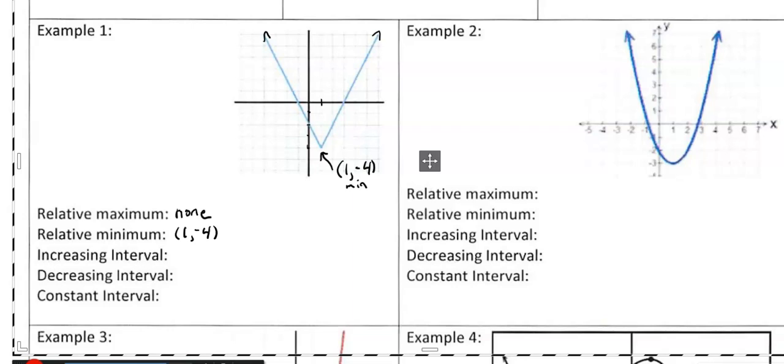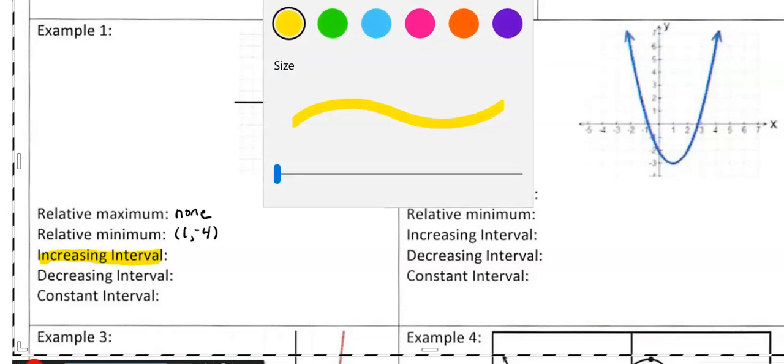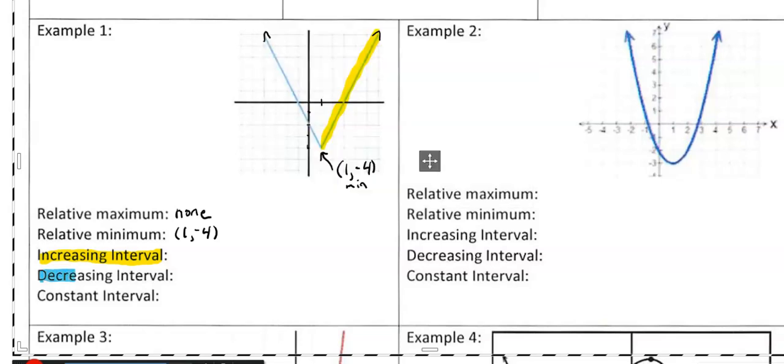Then our increasing interval, I'm going to use my highlighter to show this. As we move from left to right, the part that goes up would be this part right here in the graph. And the decreasing interval, I'll use blue for this, as I move from left to right would be this part right here of the graph.